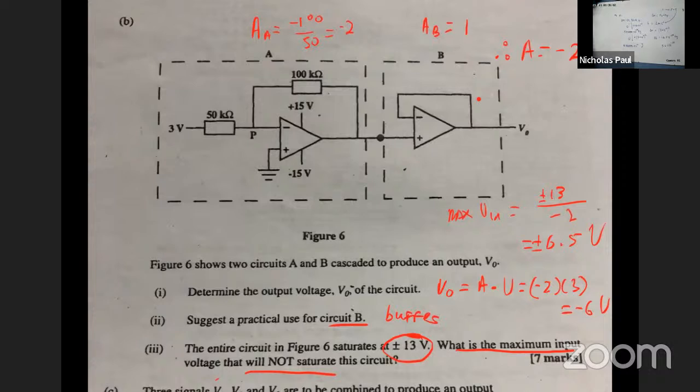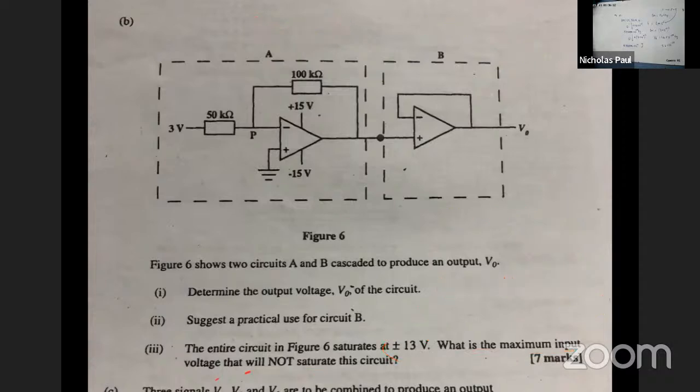Oh, okay. So the largest value is 6.5. So you can use the formula. All right, nice. So that is your first part.